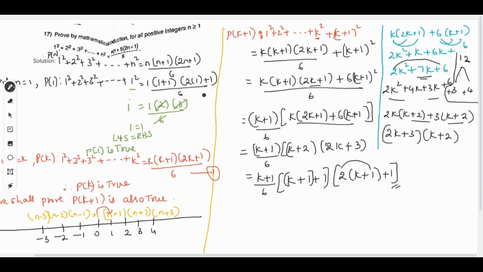Therefore, P of k plus 1 is also true for all positive integers n greater than or equal to 1.